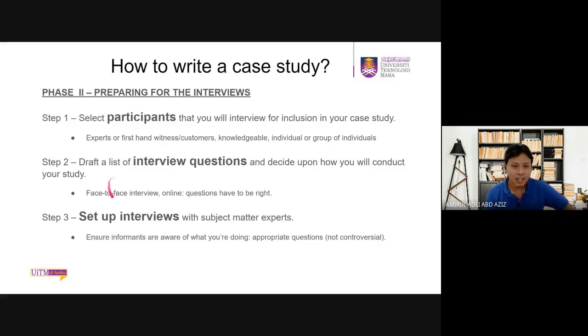Okay, face to face interview, online questions have to be right. Masalah pasal online ni is a thing because there's no emotion involved. Okay, you are away from them, so they just click based on what they are feeling then. Okay, if you are face to face to them, sometimes there are some informations that you can get from human intervention.